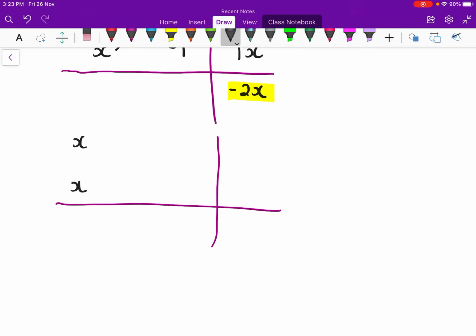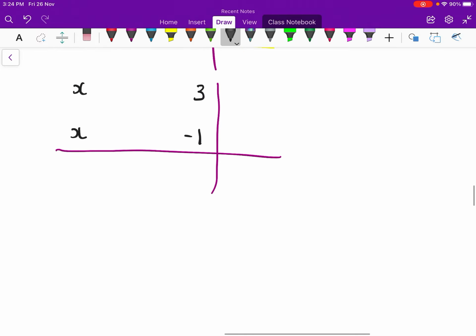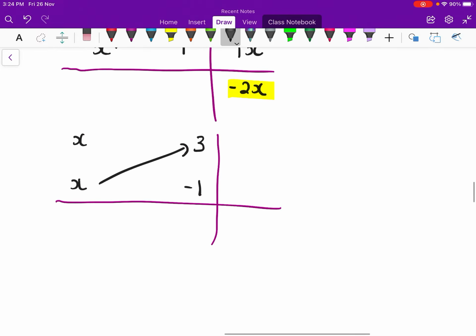Now instead of negative 3 times 1, I use 3 multiplied by negative 1 to see whether I can get positive 2x. X times 3 is 3x, plus x times negative 1 is negative 1x. So 3x plus negative 1x. The negative always wins, so 3x minus 1x is positive 2x.